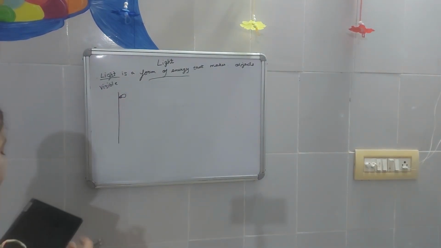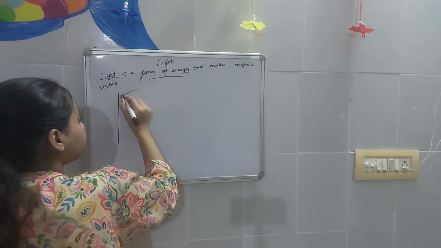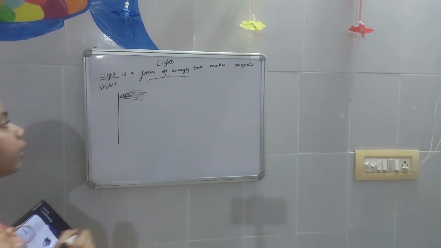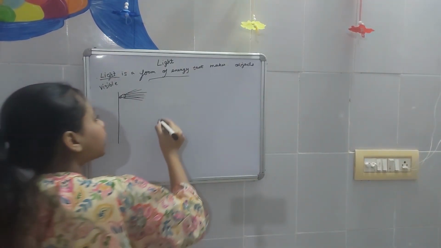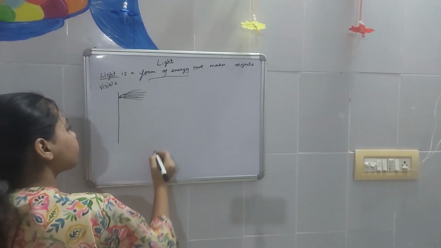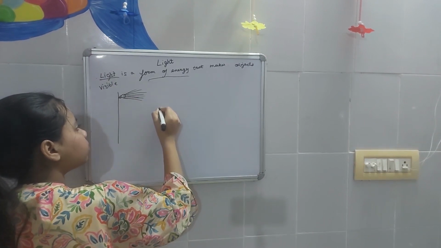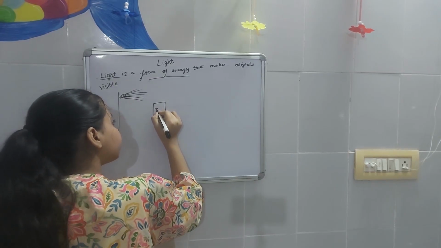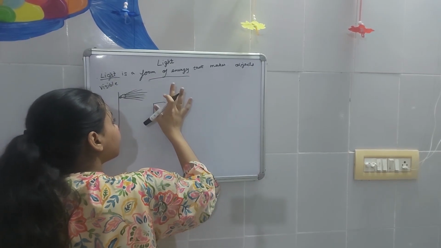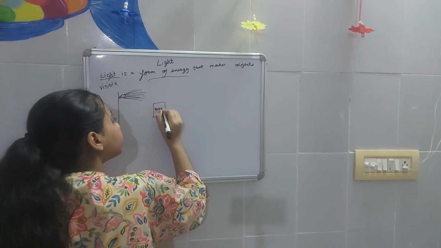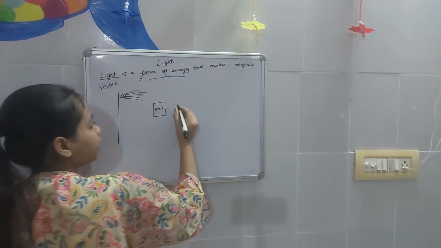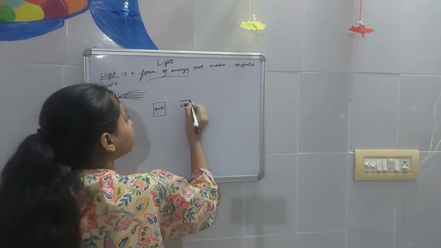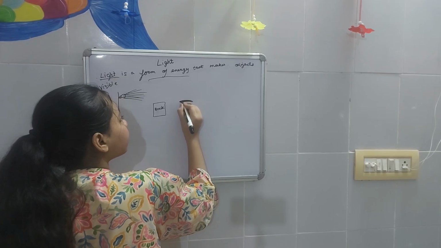Suppose this is an LED bulb. Now the light is produced by this, right? Now suppose some object, take it as a book. If a book is kept over here, and suppose your eye is over here. This is your eye, right?